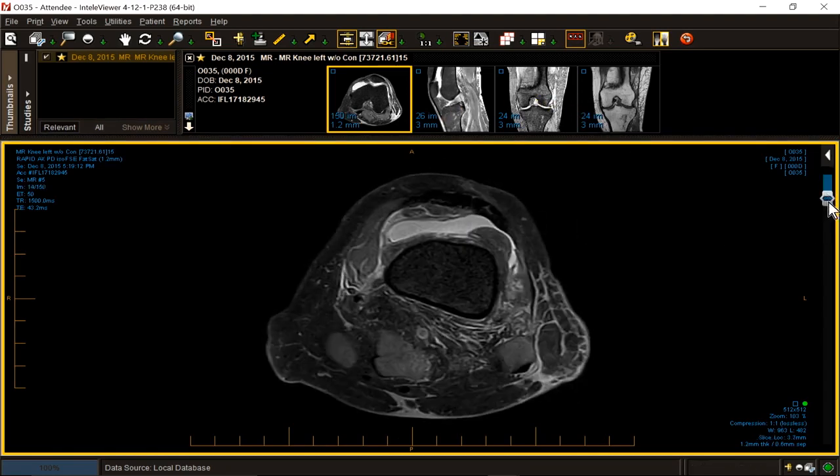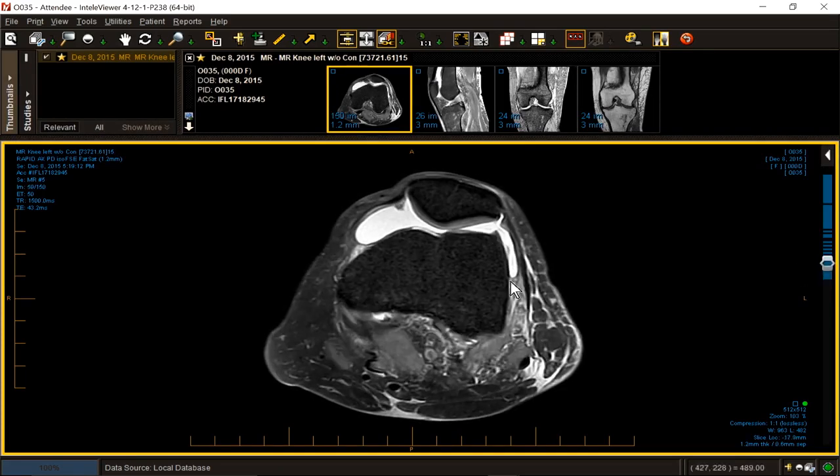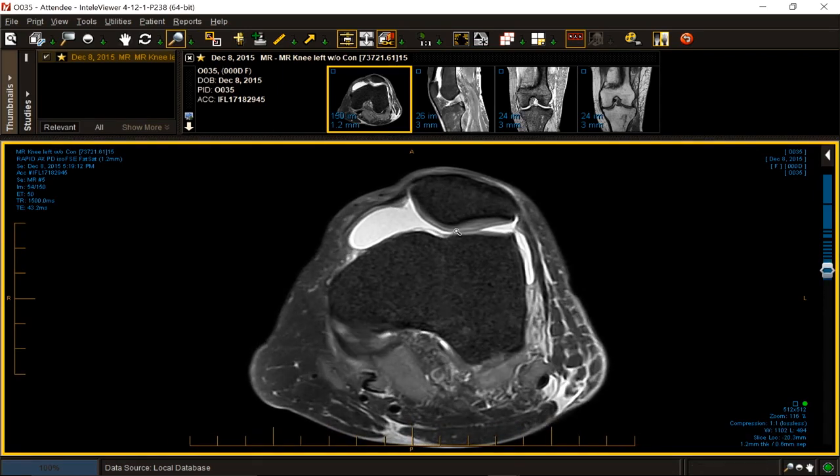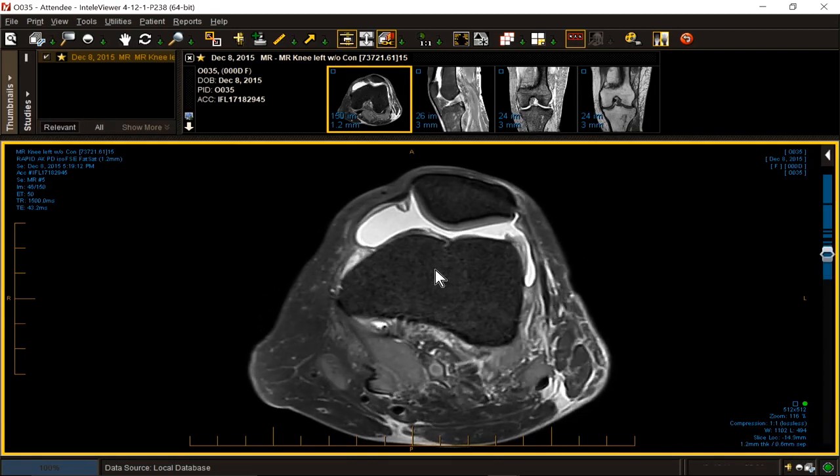I'll start out with my axial. This came off of a 1.5 Tesla Hitachi oval. You are looking at an axial fast spin echo T2, 3D, so I can, if I want to, reconstruct these in any orientation. They are 50% overlapped, so they're high resolution.